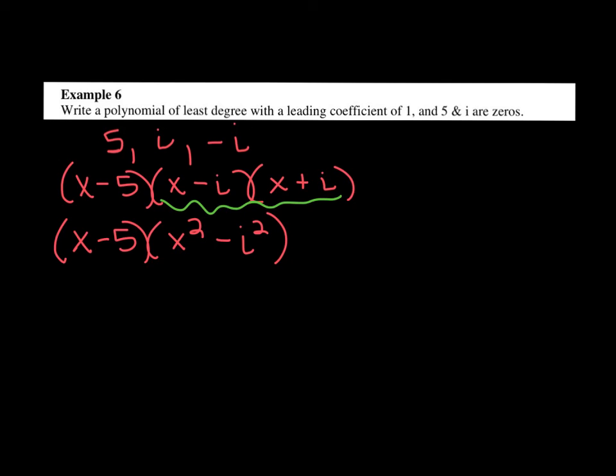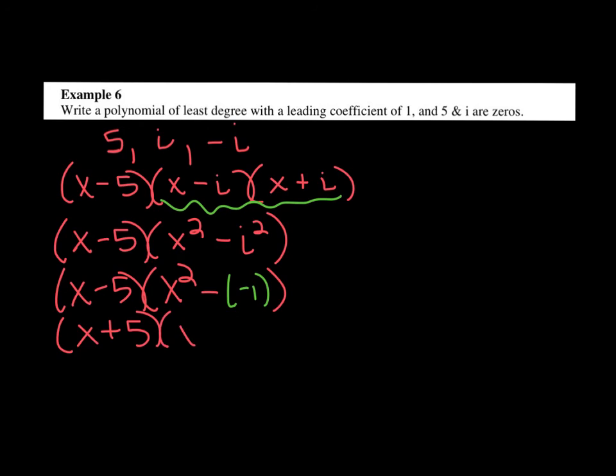I remember that i squared is negative 1. So this is going to be x minus 5 times x squared plus 1.